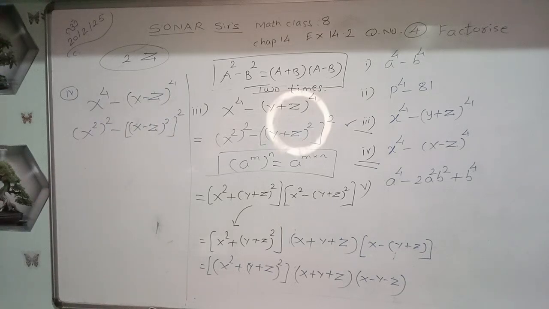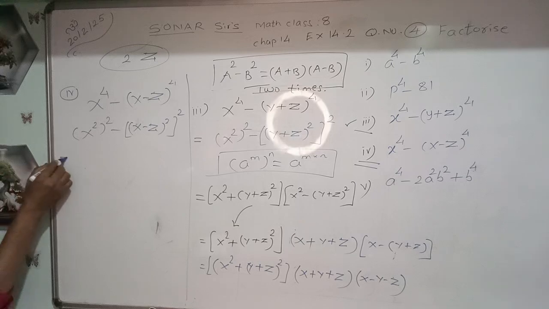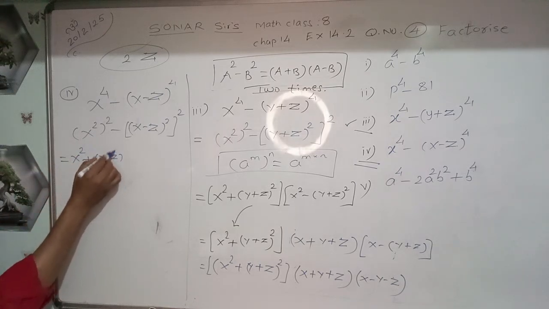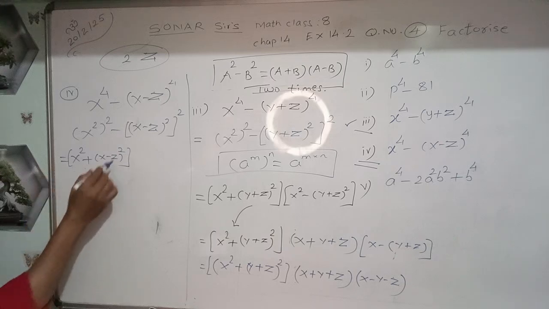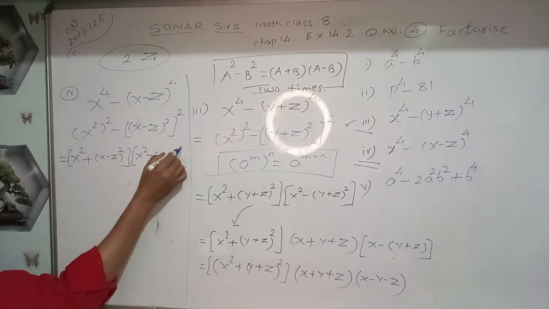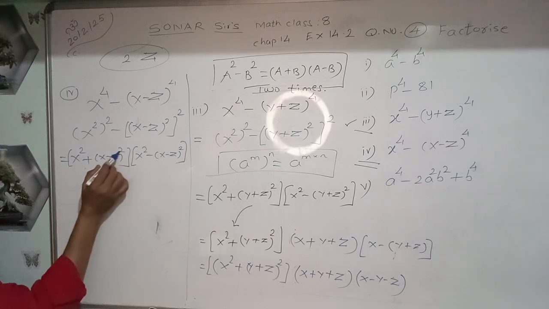Again, the identity a square minus b square. So we have to take their addition in one bracket and their subtraction in another bracket. Again, there is no further simplification here. This minus sign is a bracket square.